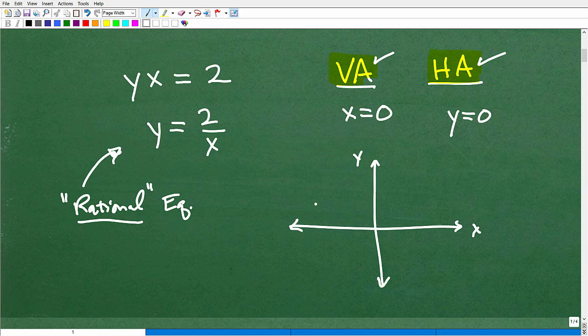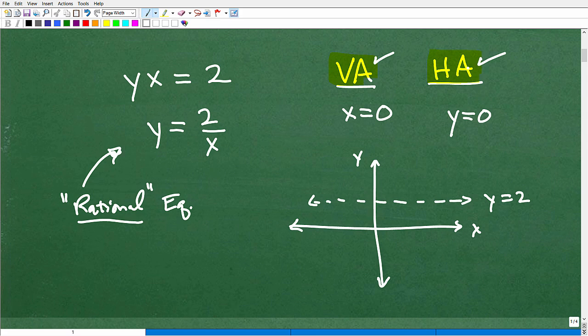An asymptote, let's say I have a line like this, and this line is y equals 2. Now I made this a dotted line, but let's suppose I'm calling this an asymptote. An asymptote is a line. We can have either a vertical line or a horizontal line, and there's no set rule whether you must have a vertical asymptote or a horizontal asymptote.